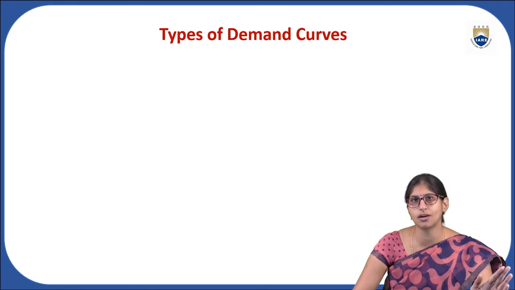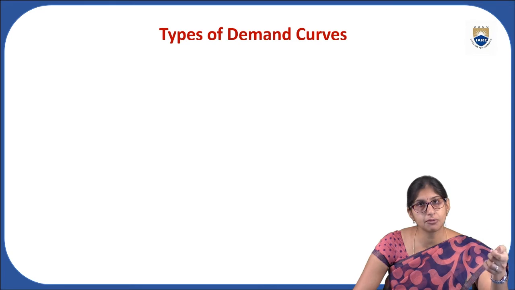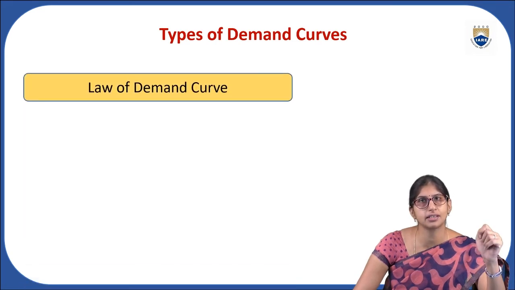That is the law of demand. And ceteris paribus: here all other determinants of demand are going to be equal or constant. Okay. So now, how to draw a demand curve and what the different types of demand curves are, let us see now.